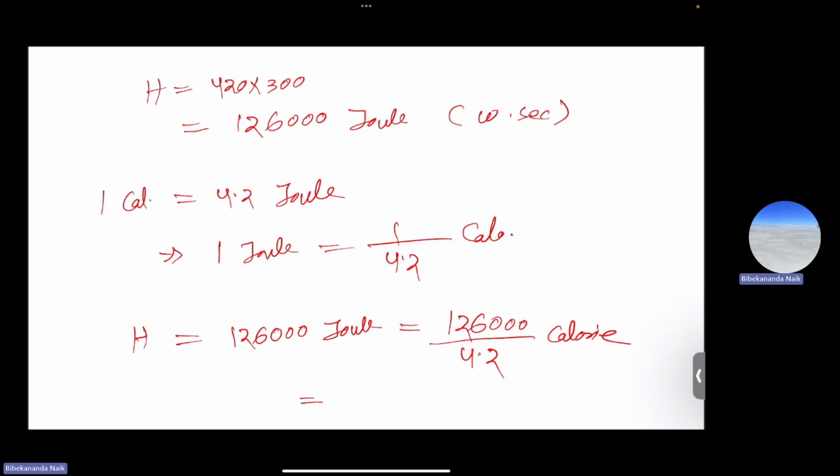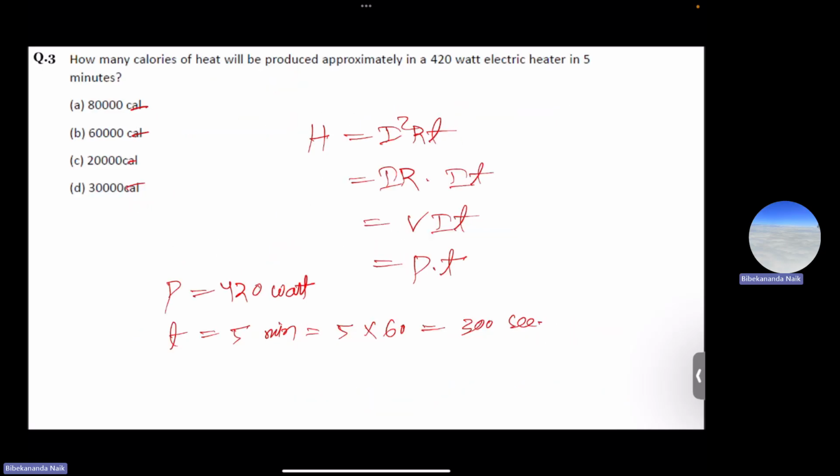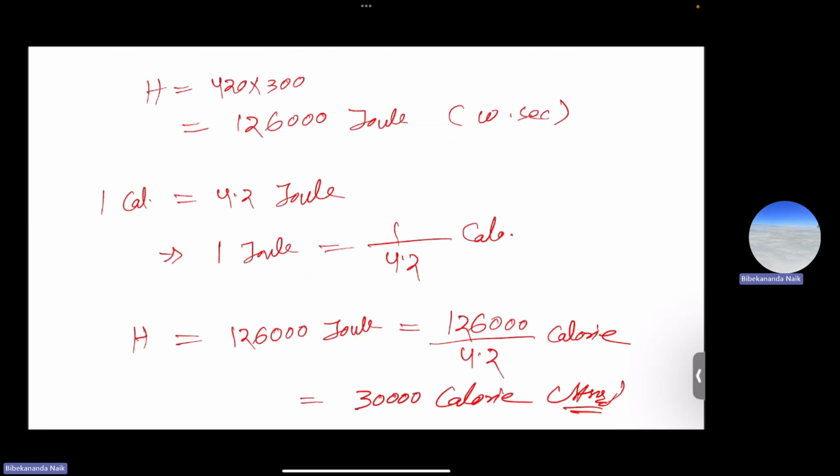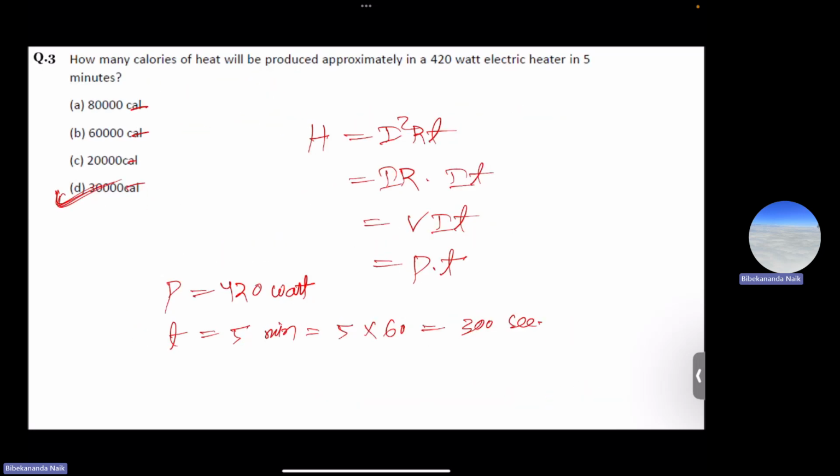If you calculate it, it will come out to be 30,000 calorie. Correct option is option D, that is 30,000 calorie.